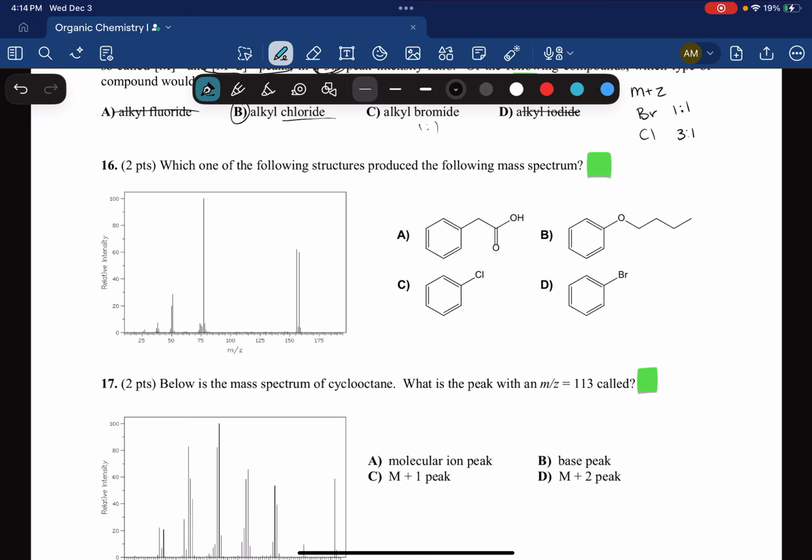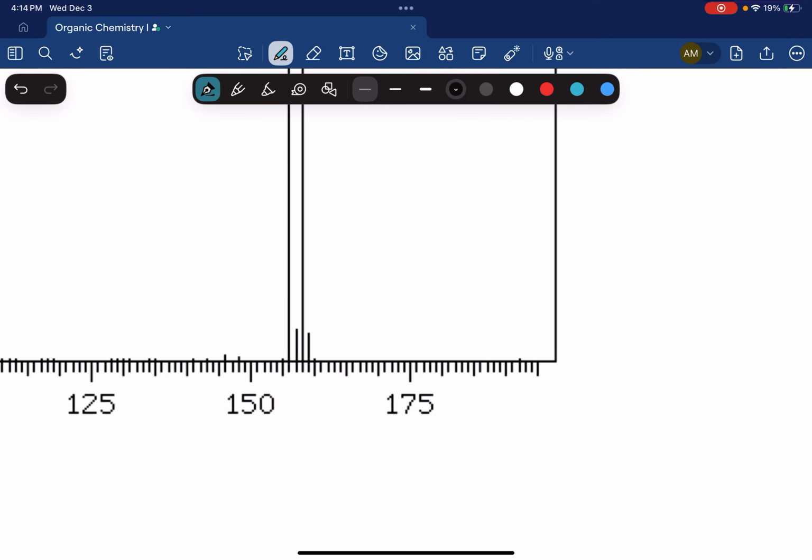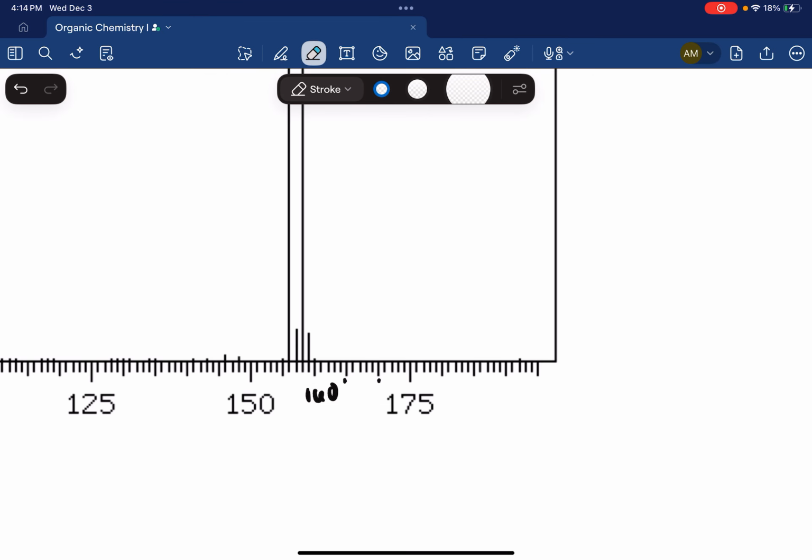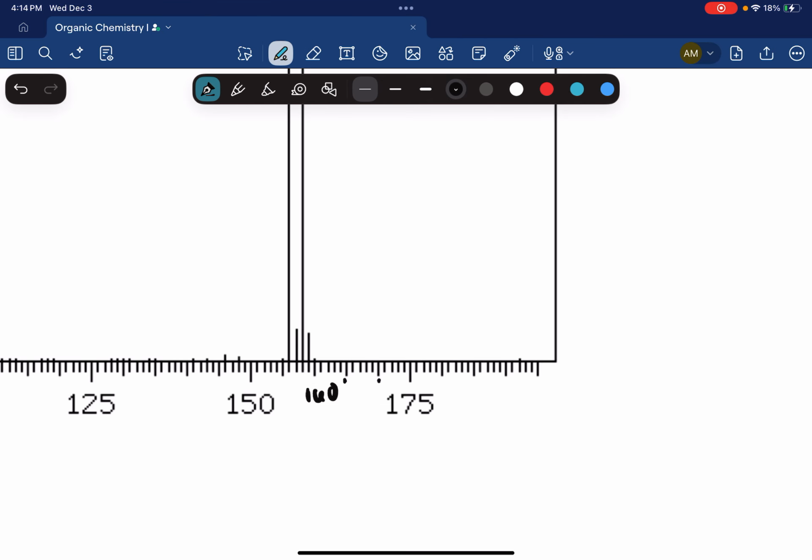Okay, which one of these is the mass spec? So we know our final is about, this is 50, 55, 60, 65. Okay, so this is 160 here. So we know our molar weight is about 159.